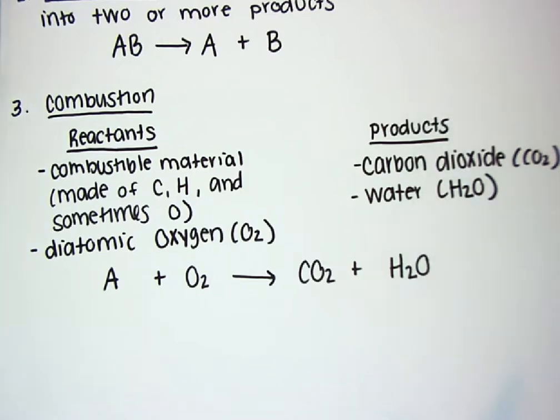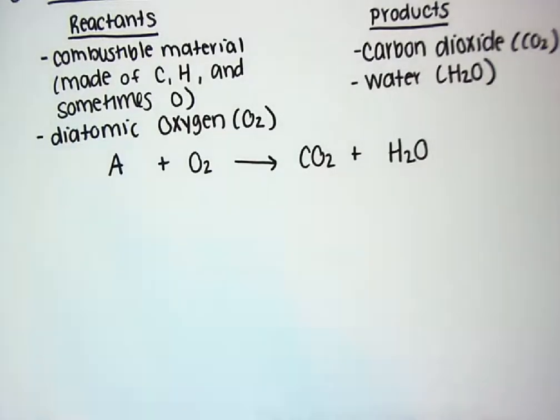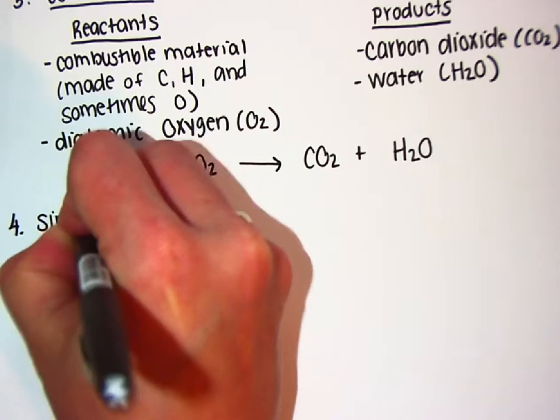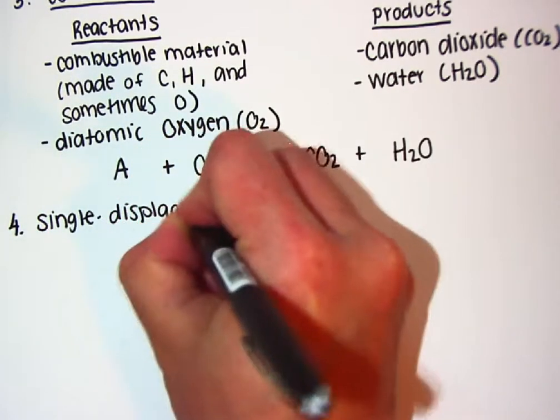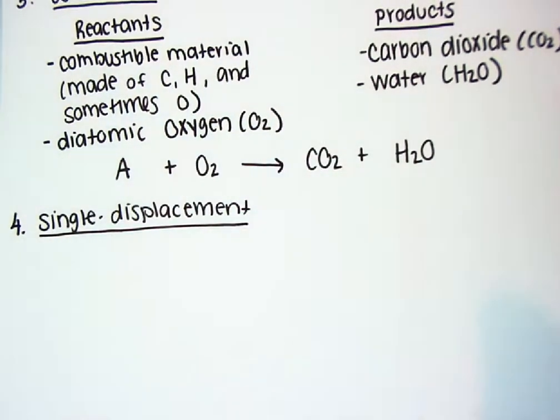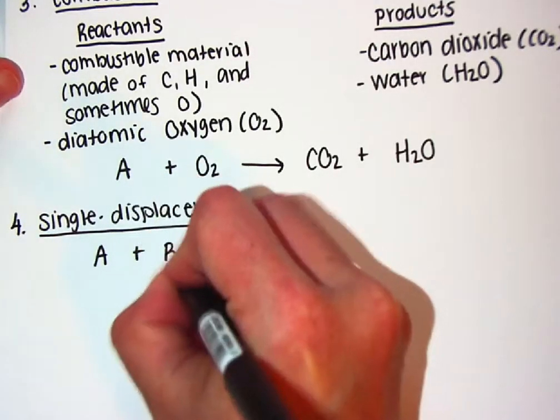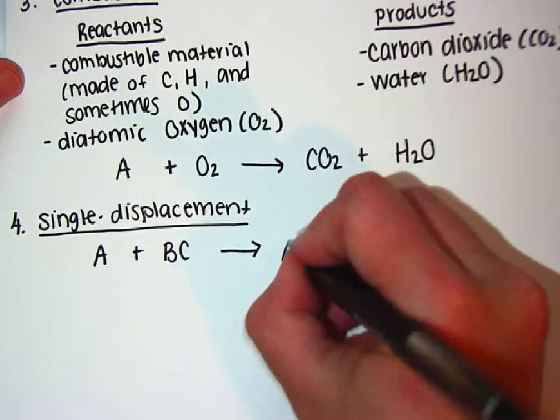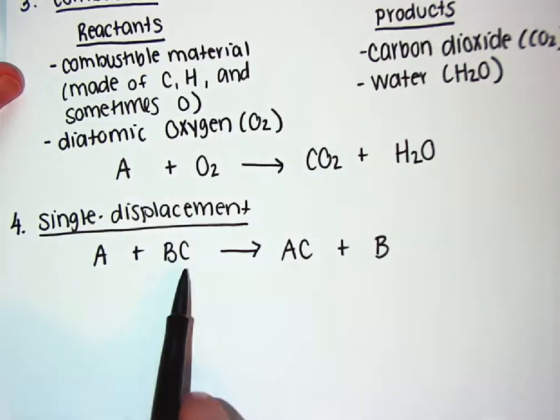The last two reactions, we're just going to go through very quickly because you are already familiar with them. We spent a lot of time talking about single displacement or single replacement reactions. A single element reacts with an ionic compound and displaces an element from that compound. So let's say A reacts with BC.